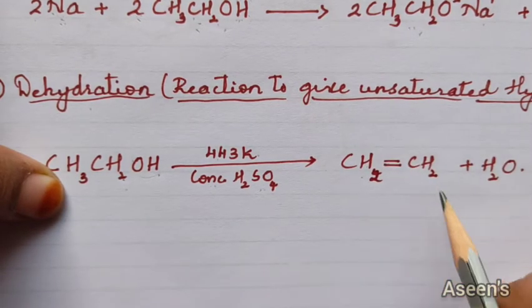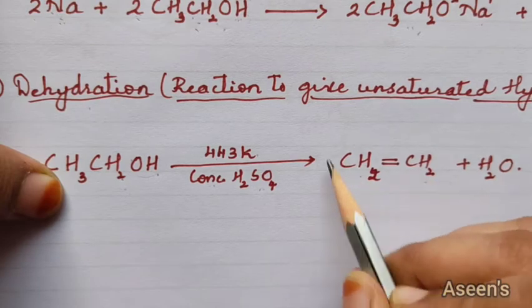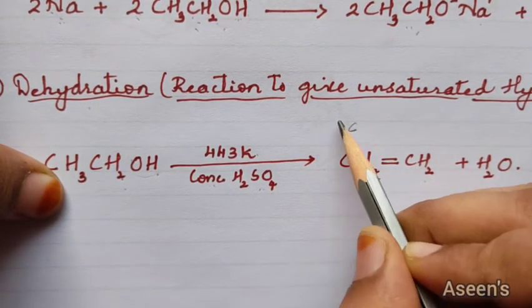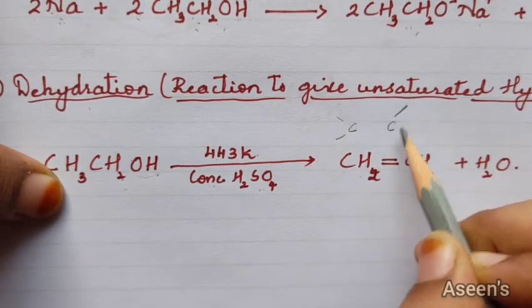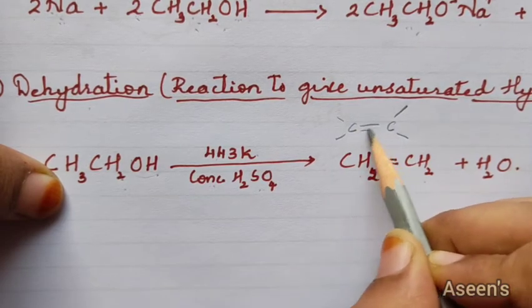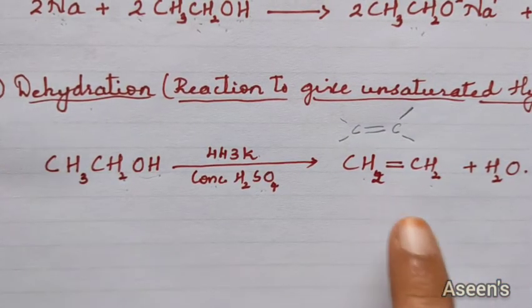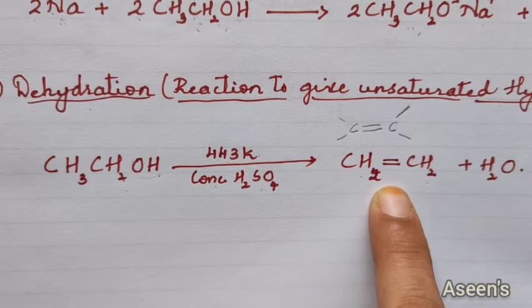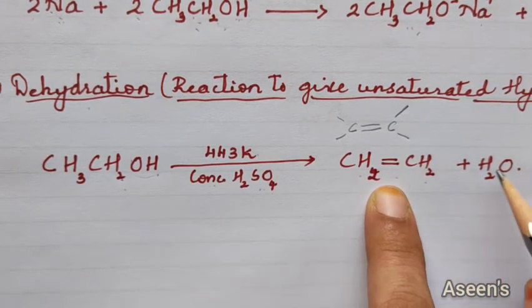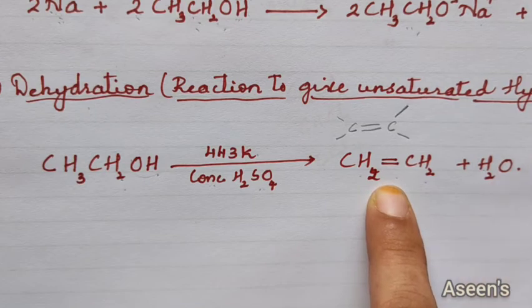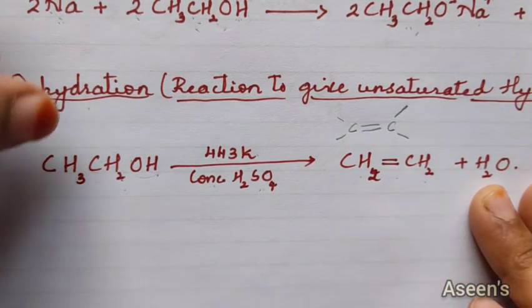So 2 will be taken by this carbon, 2 will be taken by this carbon, and as you know, carbon has got 4 hands. So 1, 2, 3, 4. That is how you are going to get your alkene here. Okay, so we are left with ethene along with the water molecule being liberated.